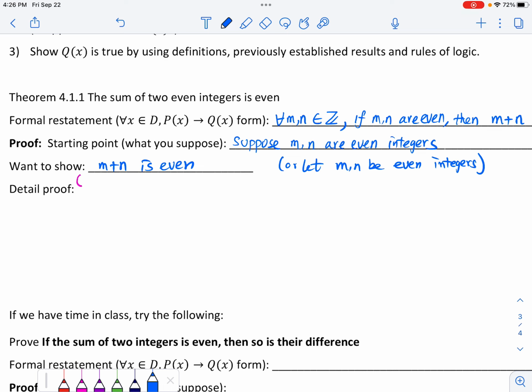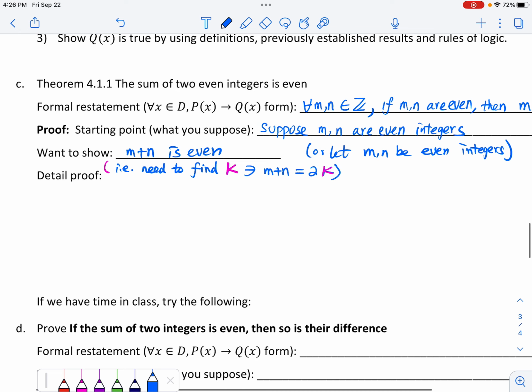In other words, our job is to find an integer k such that m plus n is equal to 2 times k. So this is what we are trying to find. Once you are able to find that, you can conclude that m plus n is even. So keep that in mind.